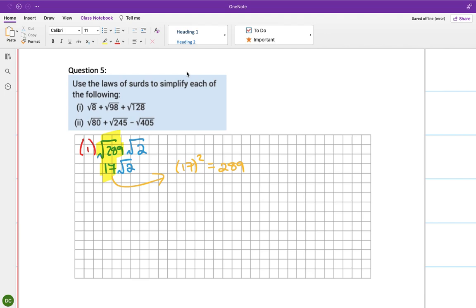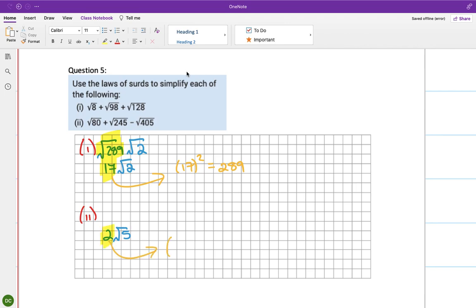Okay, and then the other one is square root 80 plus square root 245 minus square root 405, and I get 2 square root 5, and then I need to know where the 2 comes from.